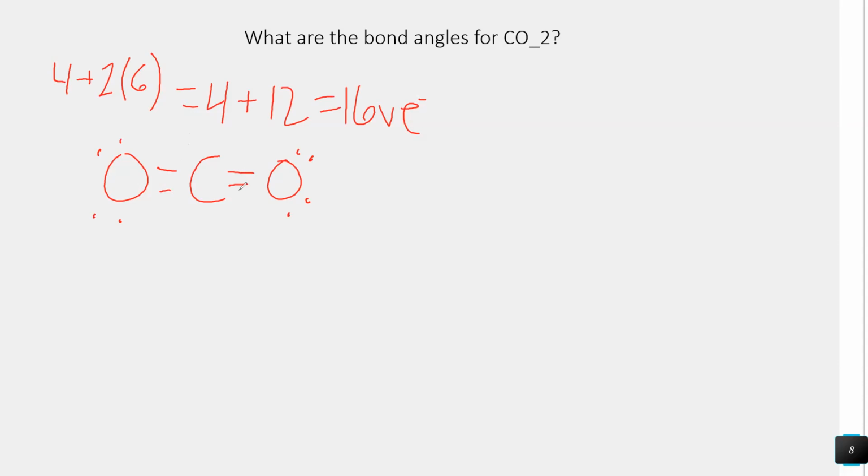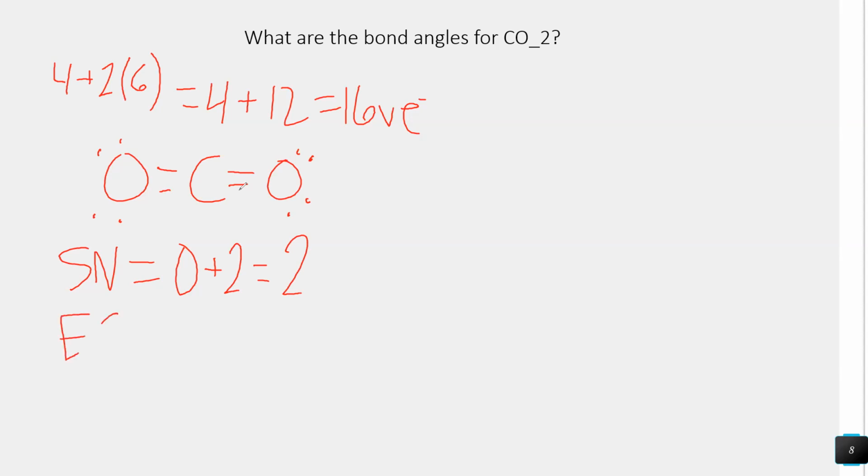We can look at the steric number. Now the steric number is again defined as the number of electron pairs on a central atom plus the number of atoms that are bonded to that central atom. So here we have 0 electron pairs on carbon. We have 2 atoms bonded to it, which makes for a steric number of 2.